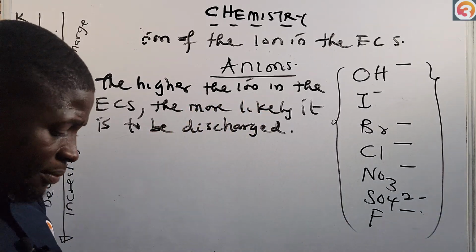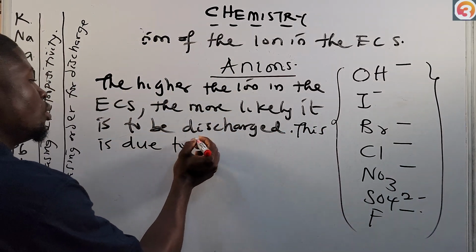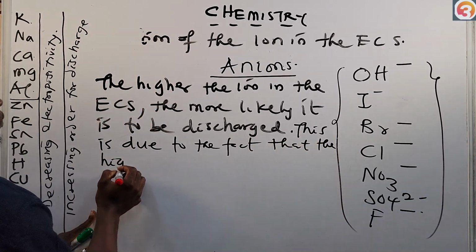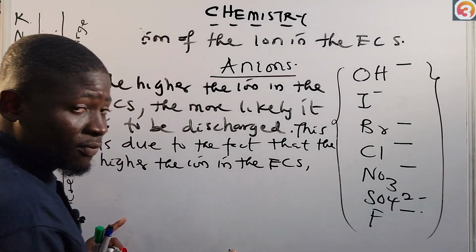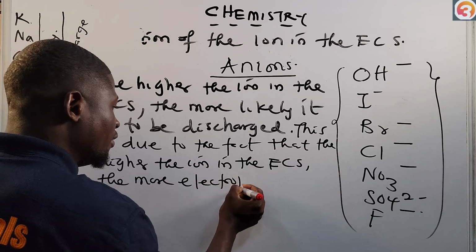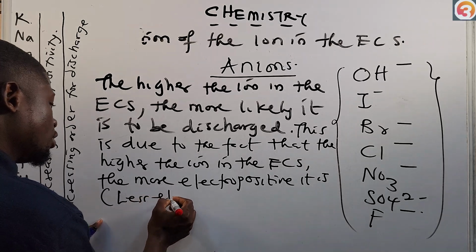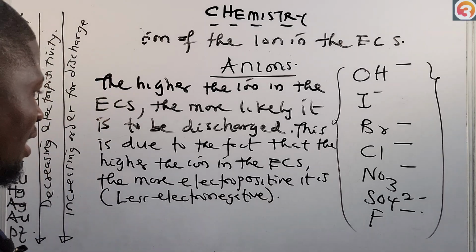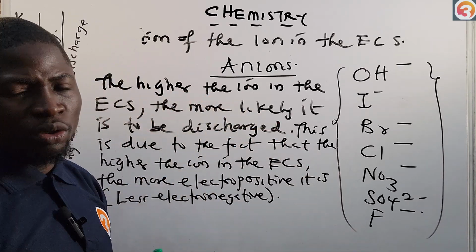This is due to the fact, for those of us taking note, that the higher the ion in the ECS, the more electropositive it is, that is, less electronegative. Therefore, it can readily release electrons to the anode.